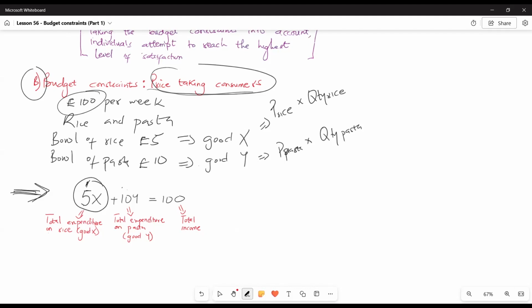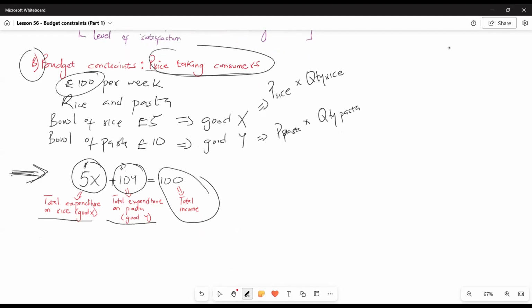Then 10 is the price of pasta and Y is the quantity of pasta that Ella buys per week. So 10 multiplied by Y is Ella's total expenditure on pasta, which is good Y in our example. So what we have said here is Ella's total expenditure on rice plus her total expenditure on pasta should be equal to her total income, which is equal to 100. So this is Ella's budget constraint.